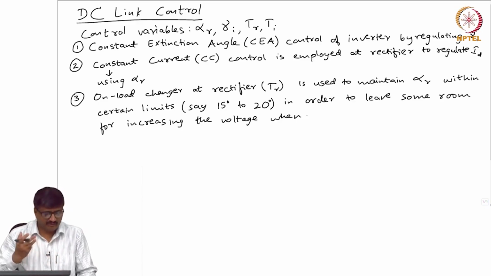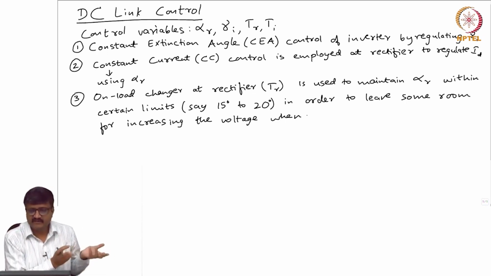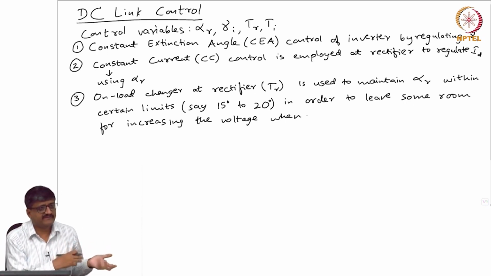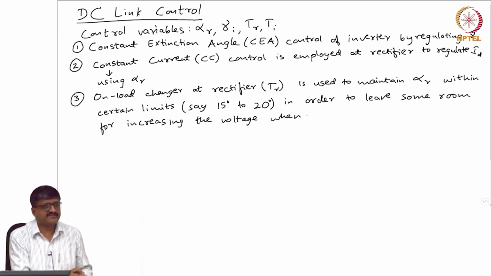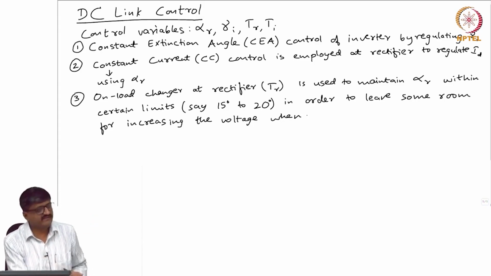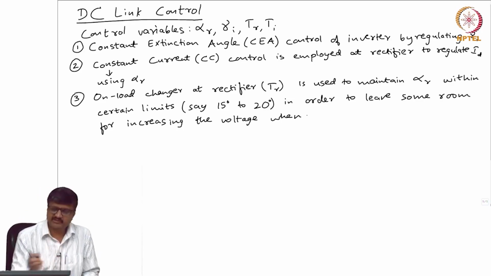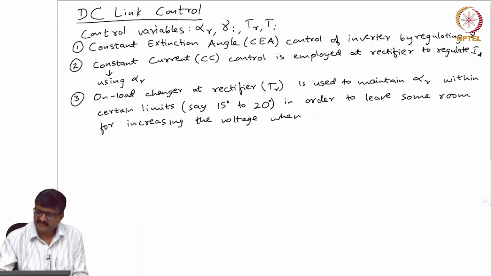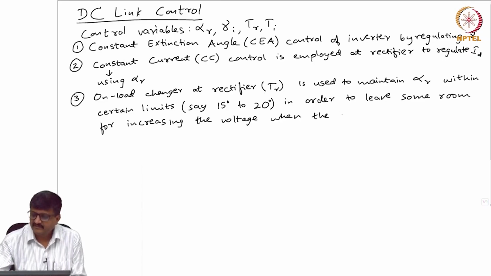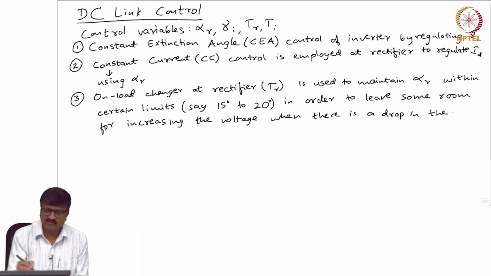Say during an overload condition, suddenly a large load is there on the AC system on the rectifier side, then the AC voltage comes down, which means the DC voltage will also come down. But by using this margin for alpha R, we can actually increase the voltage when there is a drop in the AC system voltage.